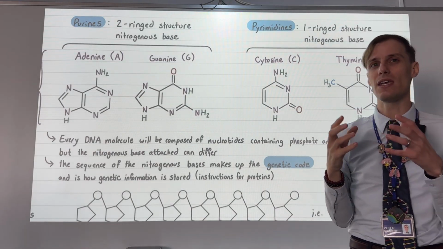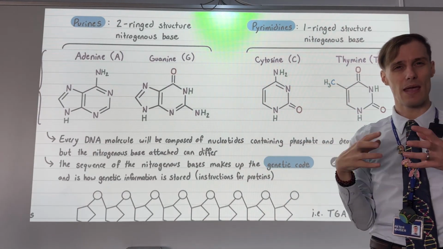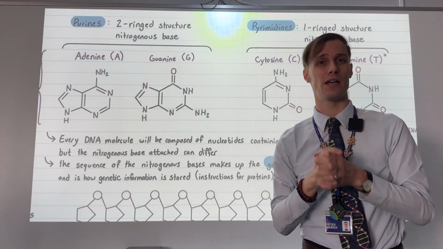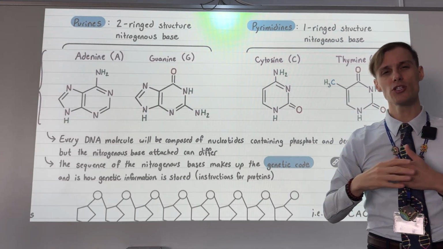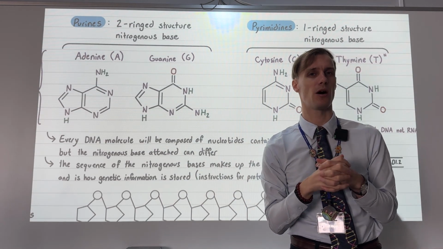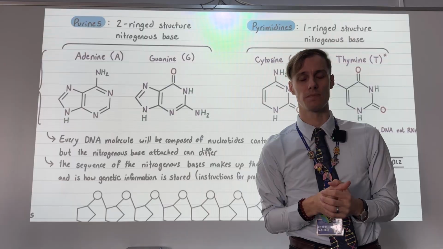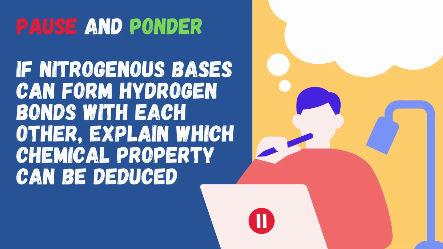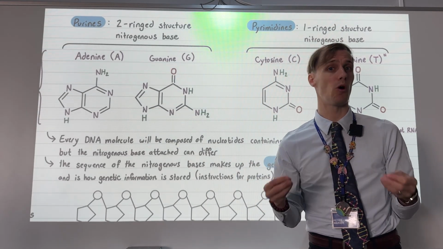Now, another key important aspect of nitrogenous bases is that they are able to interact with each other, and specifically, they're able to form hydrogen bonds. If nitrogenous bases are able to form hydrogen bonds with each other, what can you deduce by their chemical nature? Molecules that can form hydrogen bonds with each other are polar.